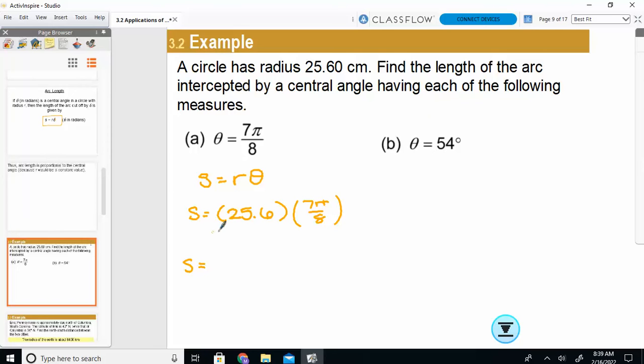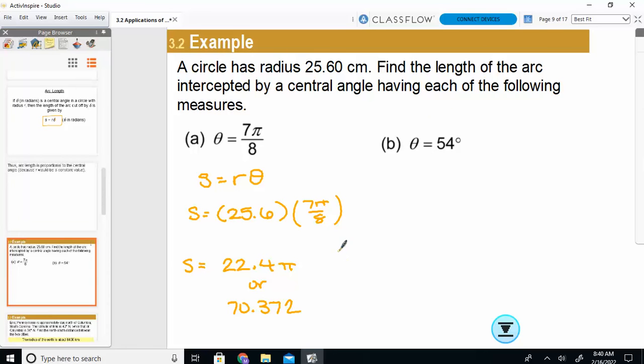If you don't multiply out the pi, so if you just do 25.6 times 7 over 8, you get 22.4 pi. Or if you do multiply out your pi, you're going to get 70.372.